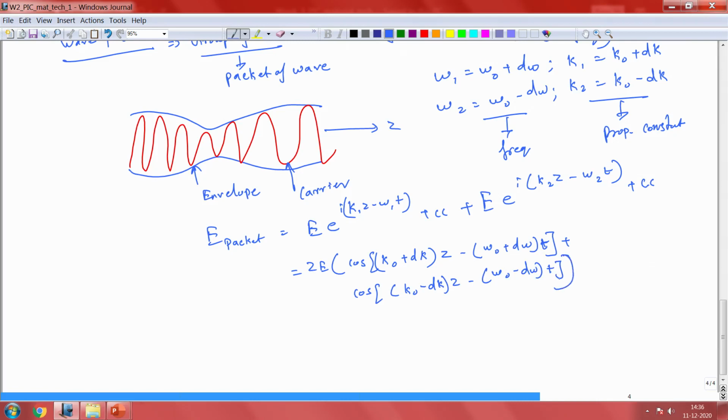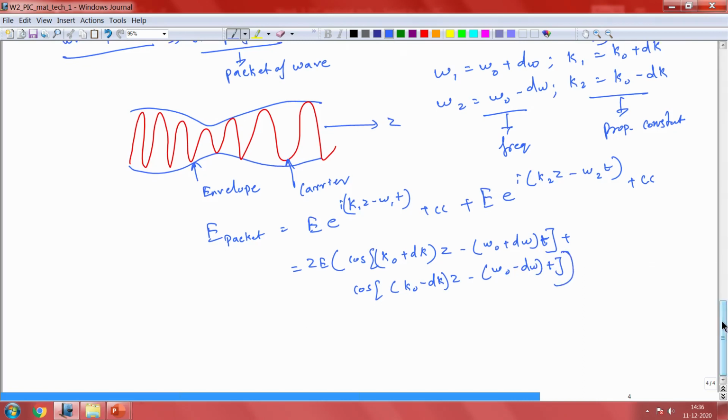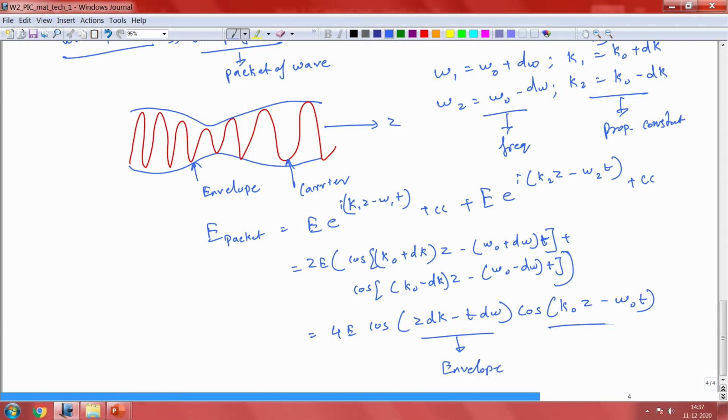All right. Now one can rearrange this, and once you rearrange you will get 4 cos of z d k minus t d omega into cos of k naught z minus omega naught t. So, what you see here, this is the envelope and this is our carrier.